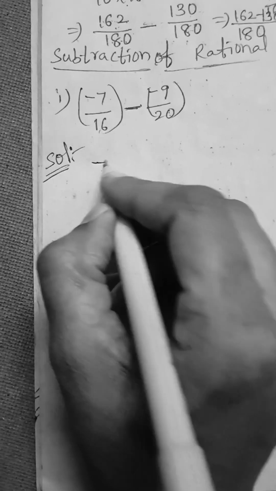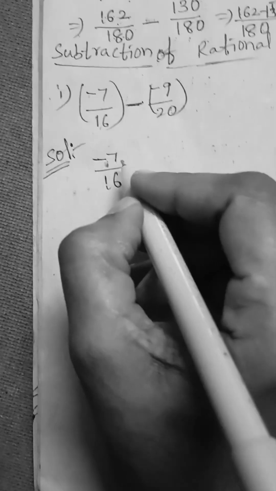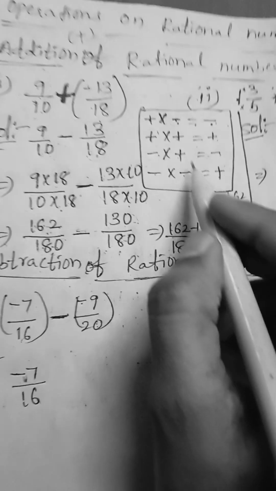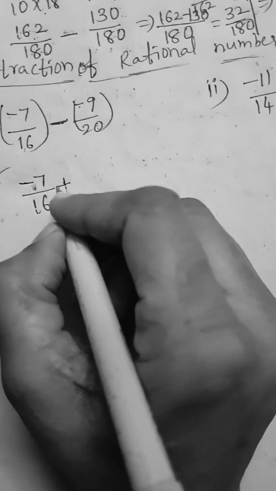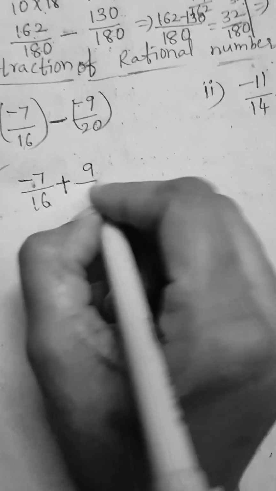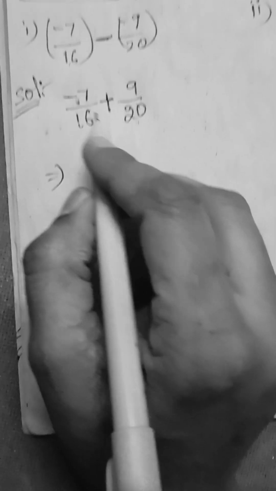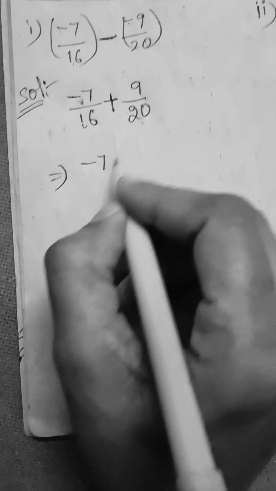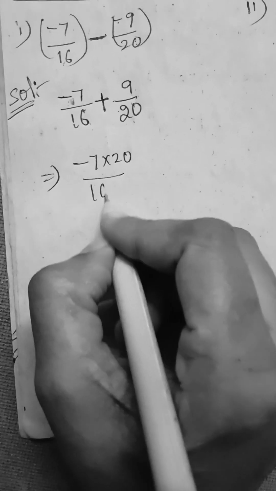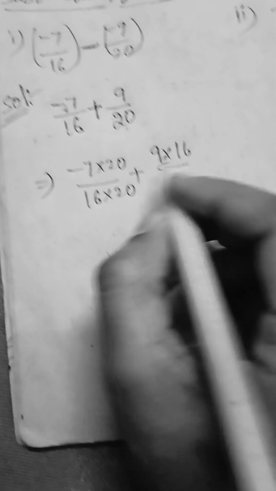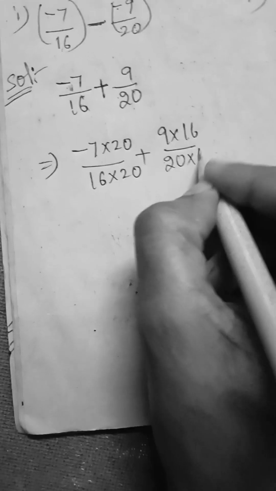Now solution: minus 7 by 16. Here minus into minus, I said already, minus into minus is plus. So plus 9 by 20. Now these both are unlike fractions, so as I said already, 7 into 20 divided by 16 into 20, plus 9 into 16 divided by 20 into 16.